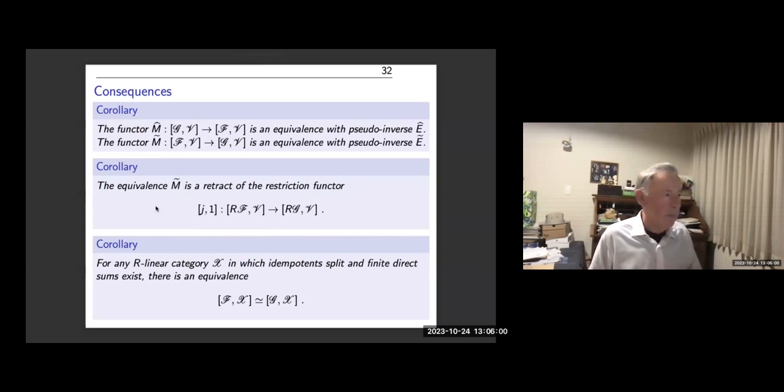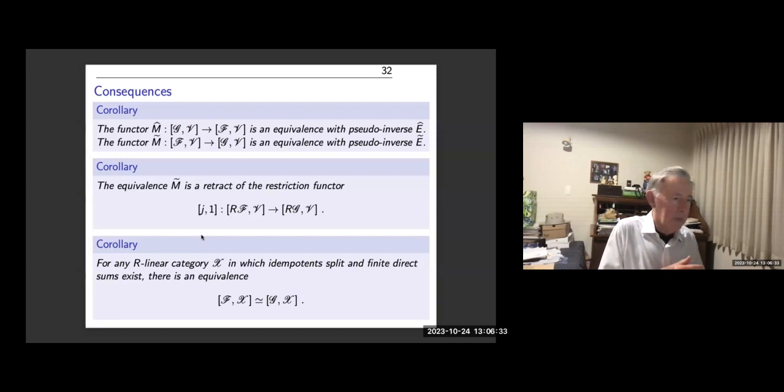So the equivalence, under all those conditions that I've got so far, namely the factorization system plus the idempotent axiom, that's all you really need. And you get this property, and the equivalence is a retract of the restriction along J. So that's where the work comes.